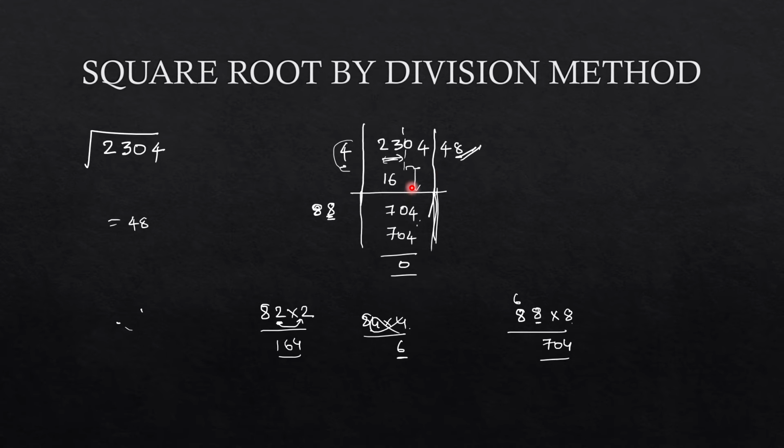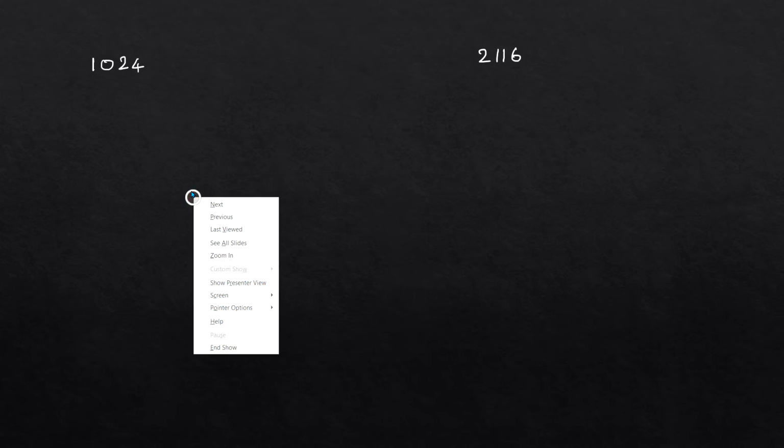Let me explain one more problem so that you will get more clarification. 1024. I told you already, for finding square root you need to separate 2 digits from right. Then what is left here? 10.